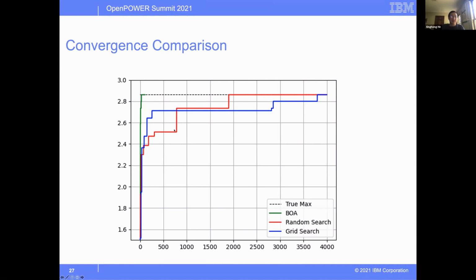And random search is where you randomly pick some number every time, and then at the end of the run, you have this curve here. So we can tell BOA is much better in terms of convergence. And again, this grid search is just a one-time run because it doesn't change from run to run. But the random search does change. So this is the comparison between the median of BOA and the median of the random search.